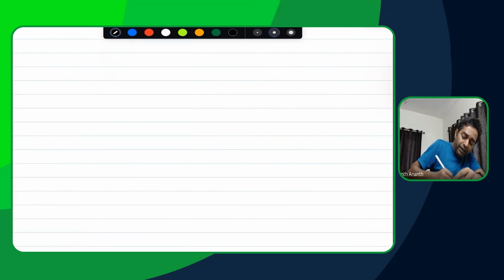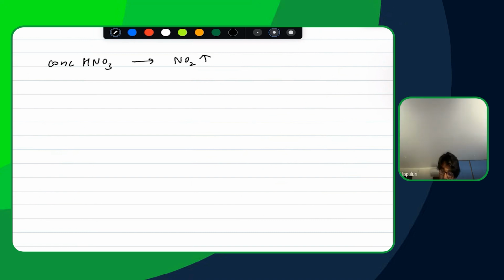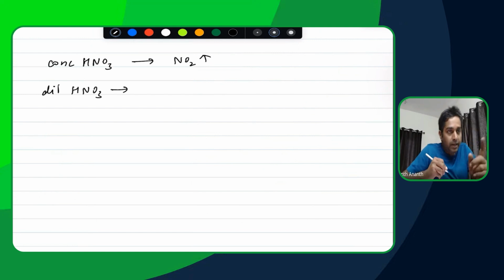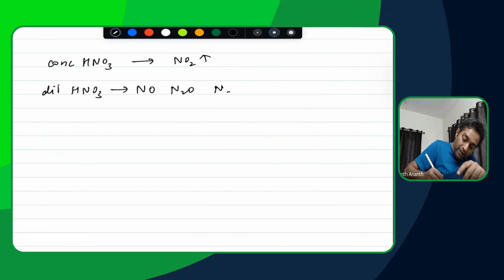So if you're looking at reactions of nitric acid, concentrated nitric acid will only give you NO2 gas as a reduction product. Dilute nitric acid, depending on the amount of dilution and the other substance which is undergoing oxidation there, can give you anything from NO, N2O, N2, and NH4 plus.